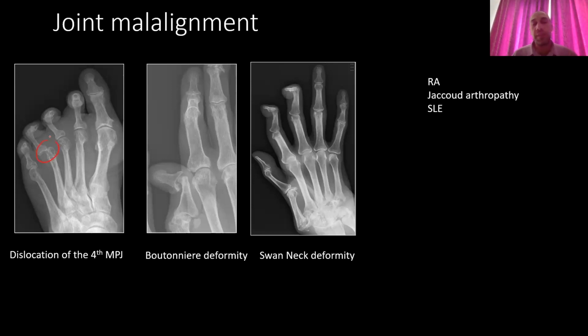The diseases which are commonly associated with deformities are rheumatoid arthritis, Jaccoud arthropathy, post-traumatic, and systemic lupus, which is very important because these are reversible, but this is irreversible, and all of this will be explained in the coming lectures.